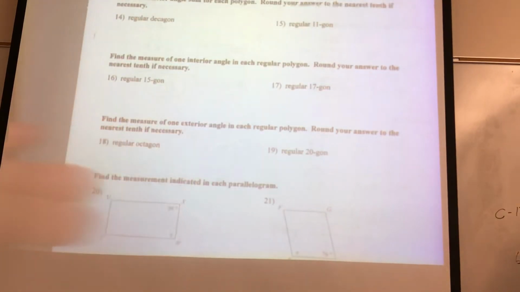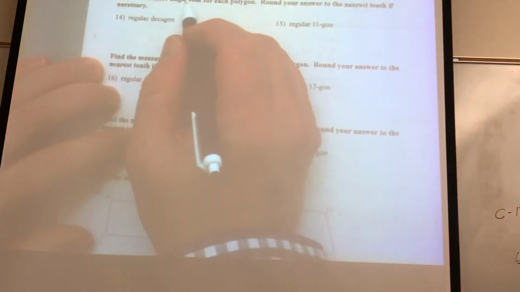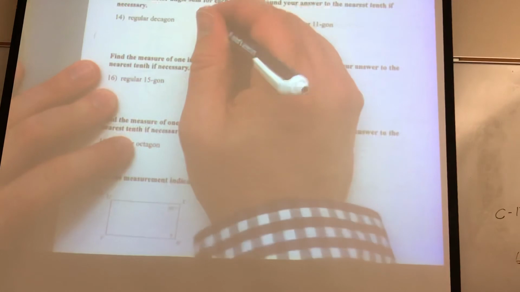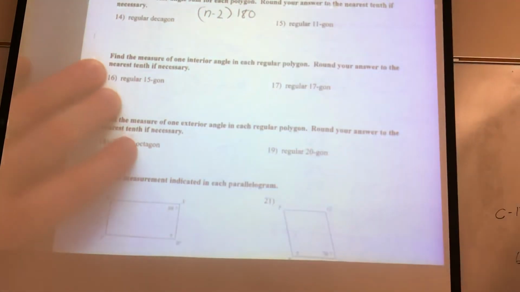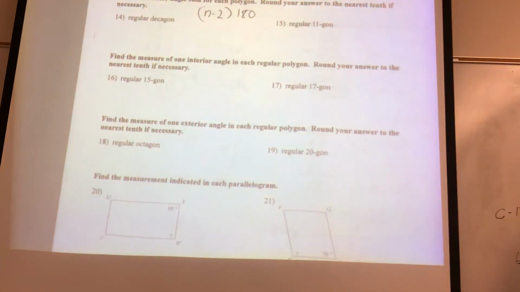Now, these formulas for this stuff, they're not going to be on the test. These are the formulas that you're going to have to remember. So the interior angle sum for the polygon is the number of sides minus 2 times 180. The way that I usually remember this one is I know a triangle is 180.